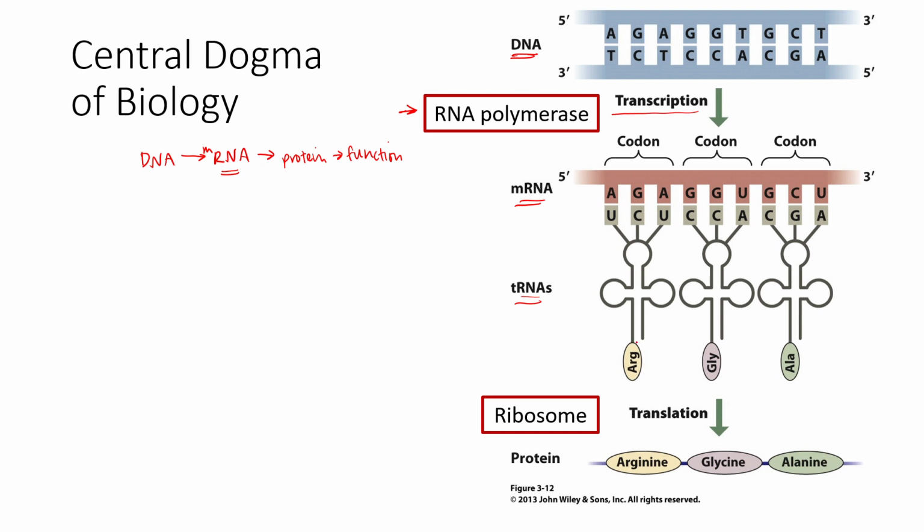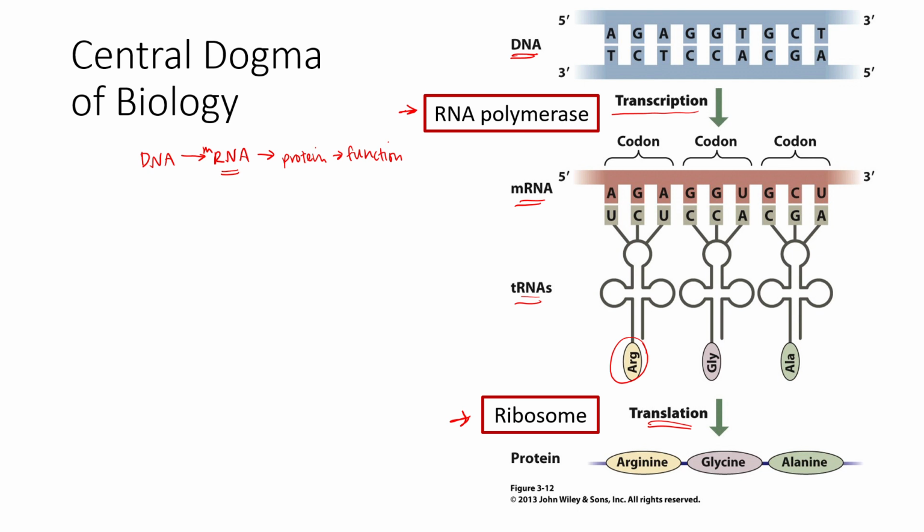Then the amino acid attached to the yellow part of the tRNA will get added onto a growing protein in a process called translation. The enzyme that catalyzes that reaction is called a ribosome.